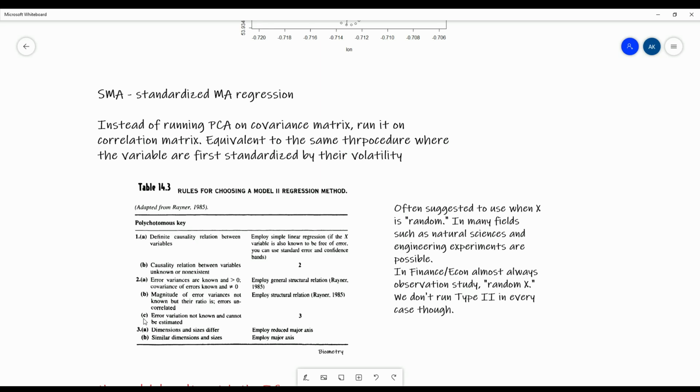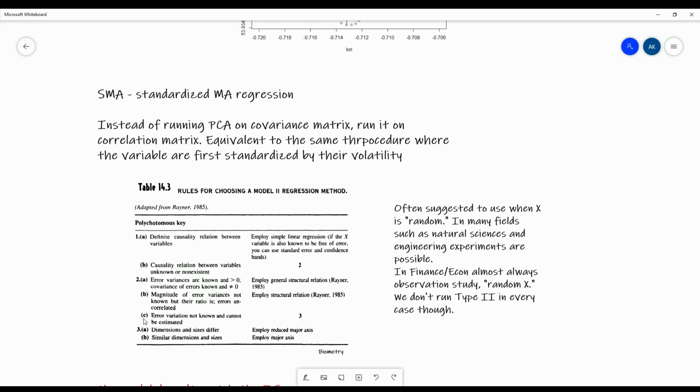Most of the time, yes, we can measure it pretty well, but we cannot control it. You cannot set the Dow index or the S&P 500 at a level. You just observe it, and in those cases, we say that the regressors in observational studies are random regressors. We can measure them, but we cannot control them.